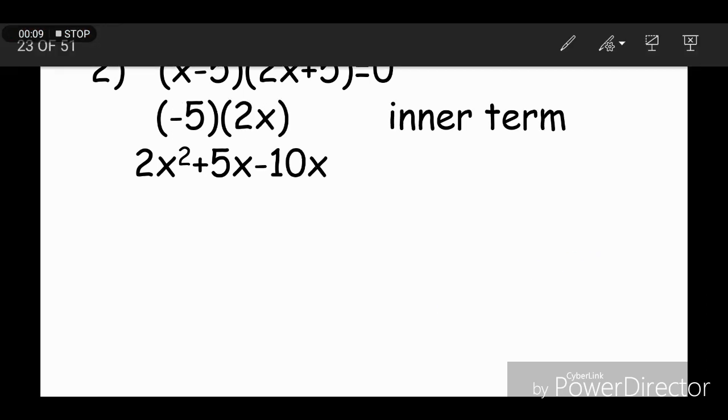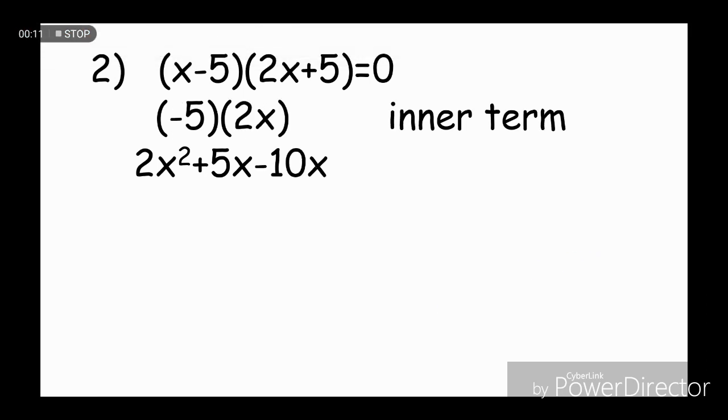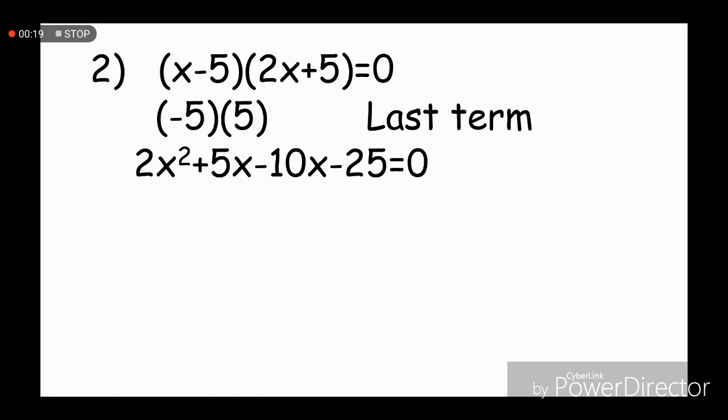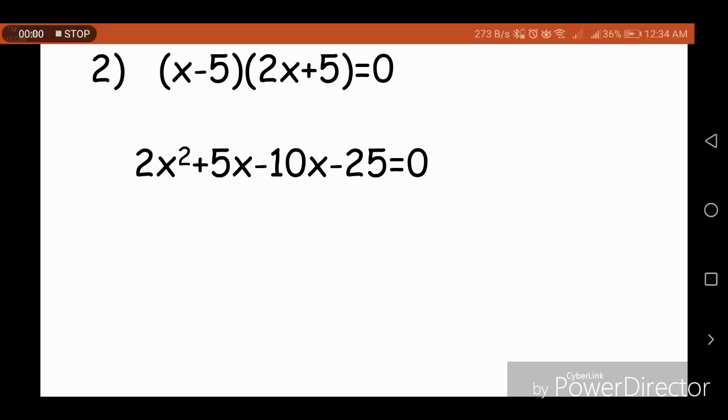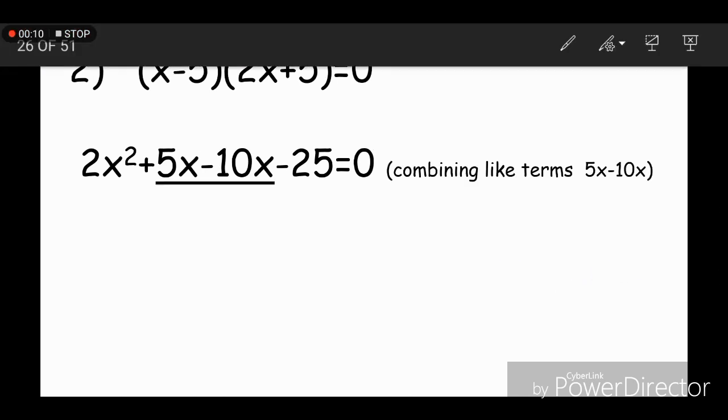Then we have the inner term, negative 5 times 2x. The answer is negative 10x. And the last term, we have negative 5 times 5, which is negative 25. But we still have to simplify it by combining like terms.